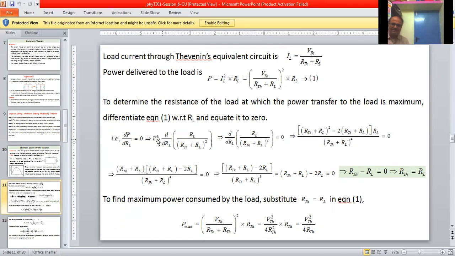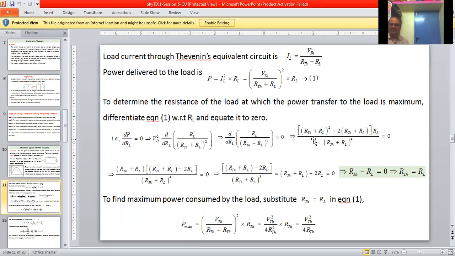And you are sending this VTH square to either the LHS or RHS, so that goes 0. So what remains is this, and differentiate this with the help of the U by V formula, the differentiation of U by V. Just apply it, and you will get this one. Differentiation of U by V means du.